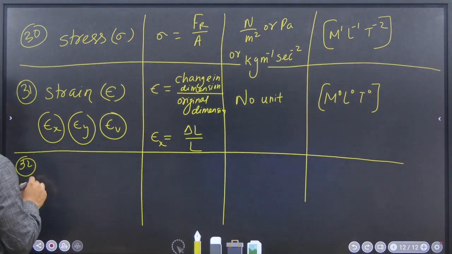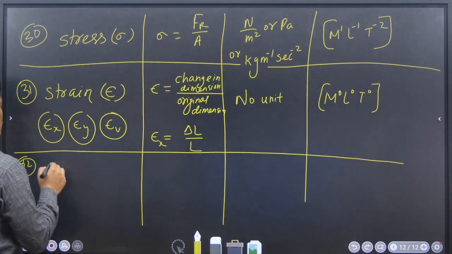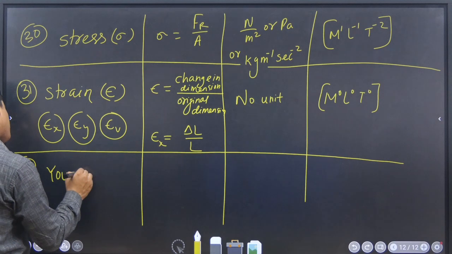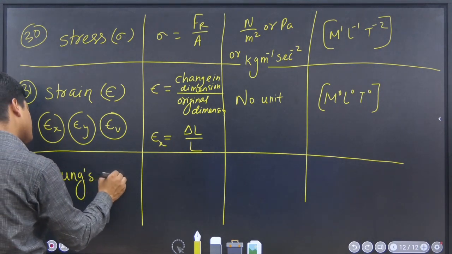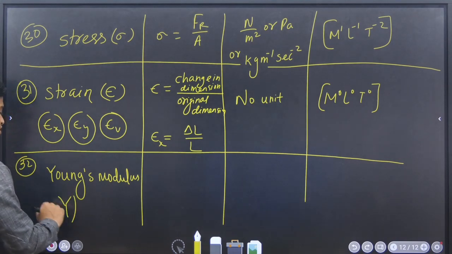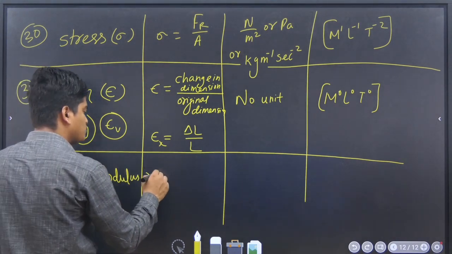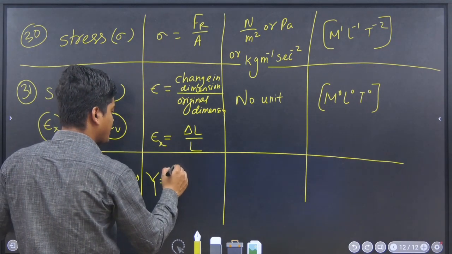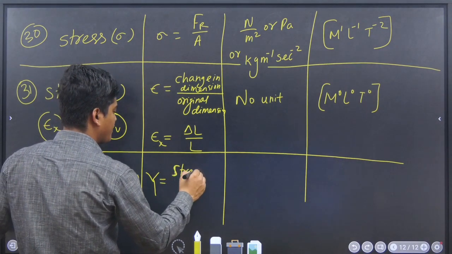32, understand. Next we will understand one modulus of elasticity, that is basically Young's modulus. So you can write here one quantity, Young's modulus. So Young's modulus symbol is basically given as Y, and what is this Y? It is nothing but the same thing, it is basically stress by strain. Okay, remember it is stress by strain.